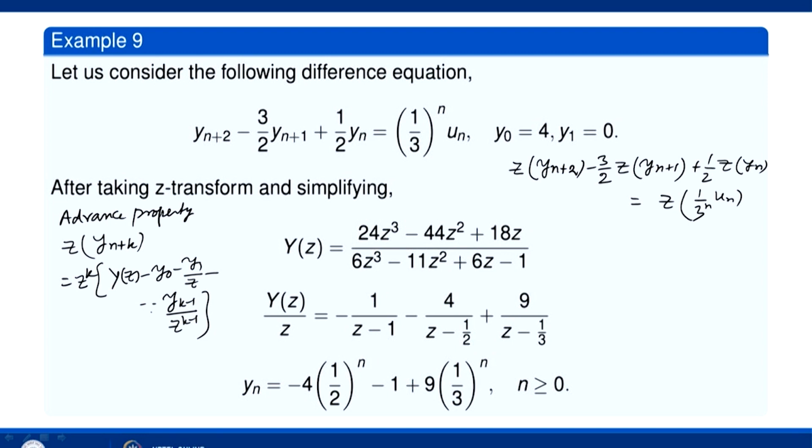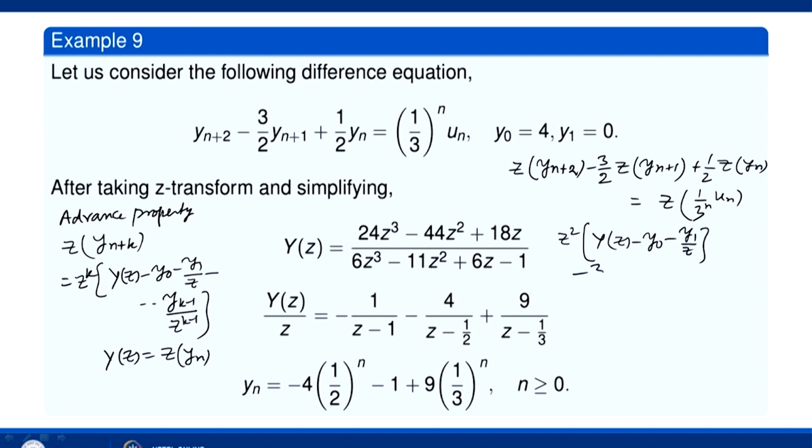Okay. So, here Y(z) is the Z transform of the y(n) sequence. So, when you write the Z transform of y(n plus 2), let us use this advance property. So, take k equal to 2. So, we get Z square, inside the bracket we get Y(z) minus y(0), and then with k equal to 2, we get y(1) by Z.